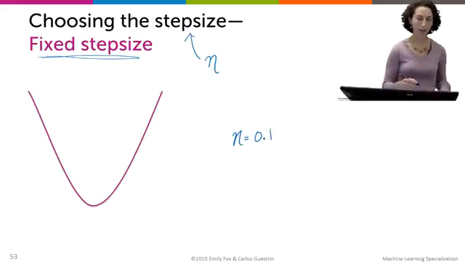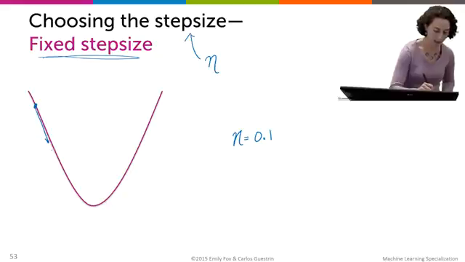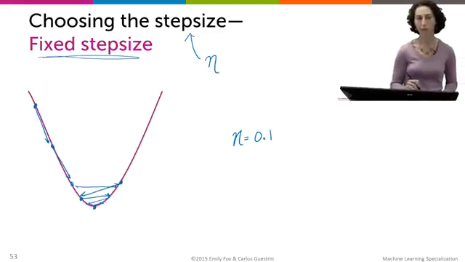But what can happen is that you can jump around quite a lot. So let's say I start far away, there's a really big gradient, I take a very big step, and I keep taking these big steps, and then here I end up jumping over the optimal to a point here, and then I jump back, and then I'm going back and forth, and I converge very slowly to the optimal itself.